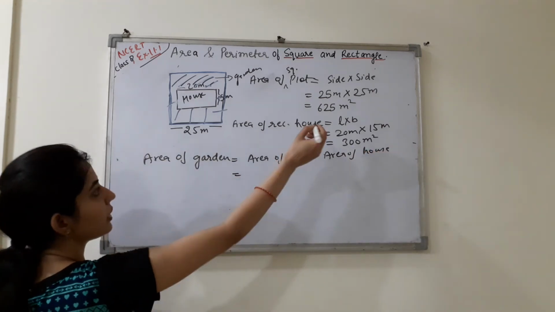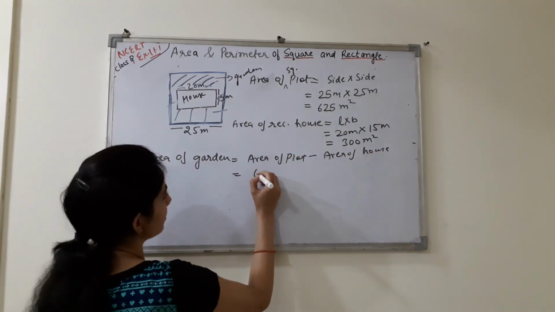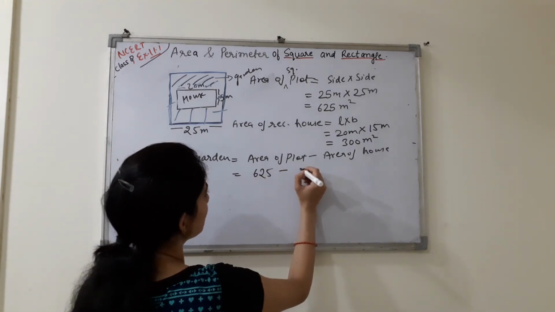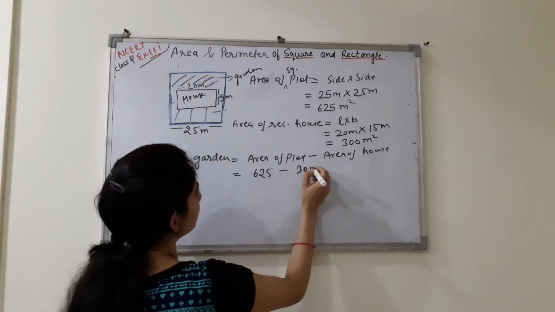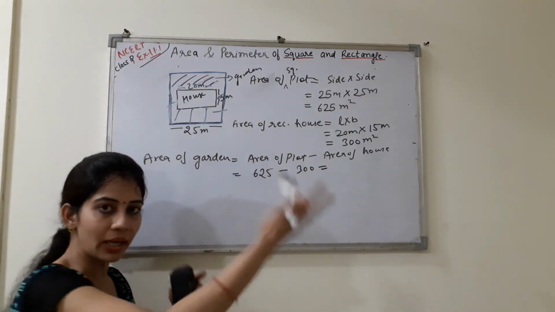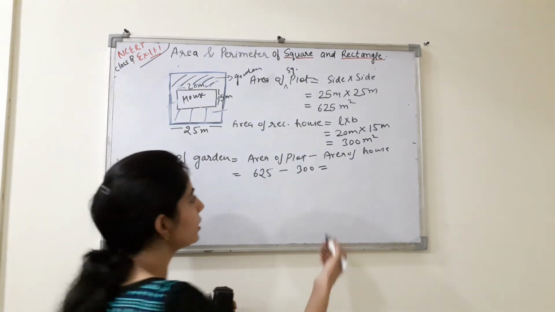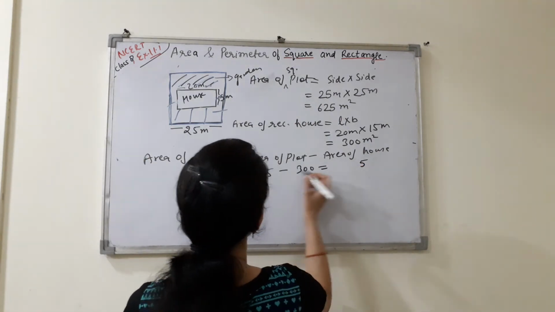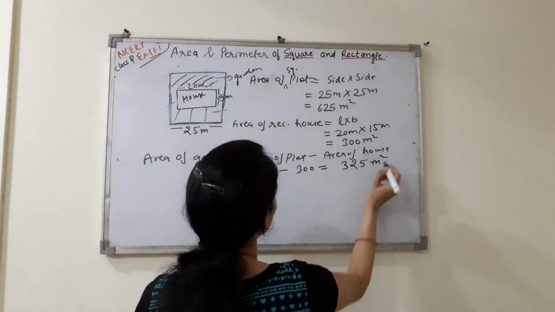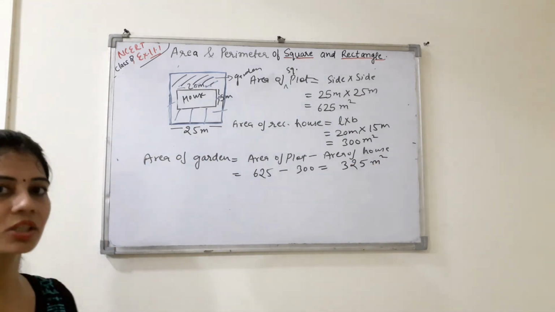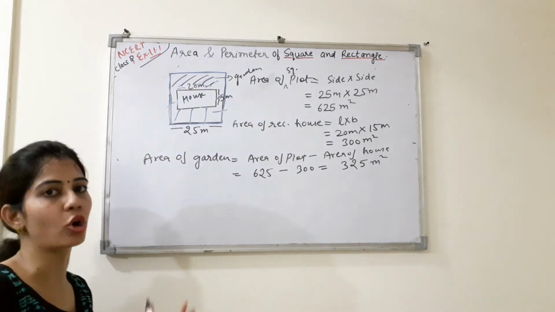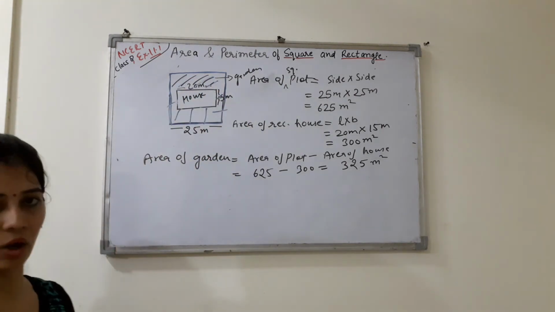So this is the area of plot you have found, that is 625 meter square, and this is your 300, the area of house. So it means the remaining area will be the area of ground. So this is your what? 5 minus 0, 5, 2 minus 0, 2, and this is your 3. It means 325 meter square is the area, or we can say the space occupied by that ground, right?